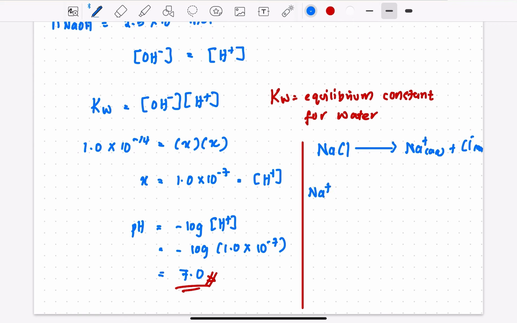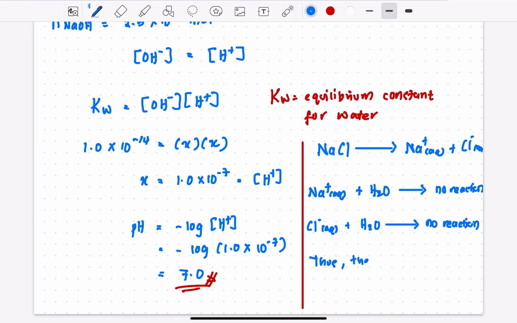And we know that sodium ion cannot react with water. No reaction. Thus, the salt is neutral.